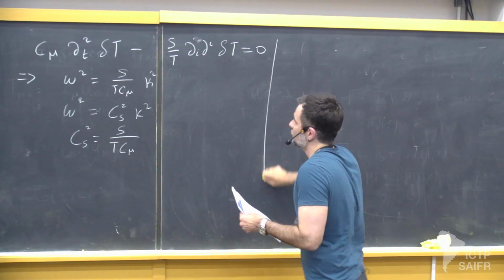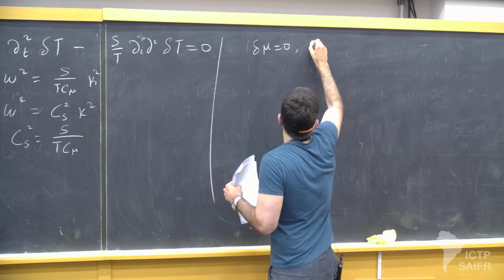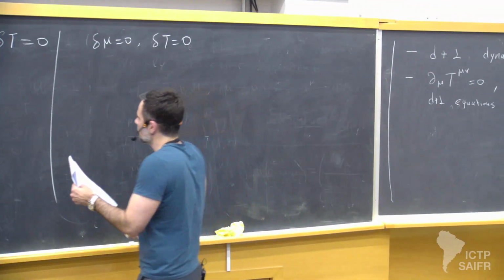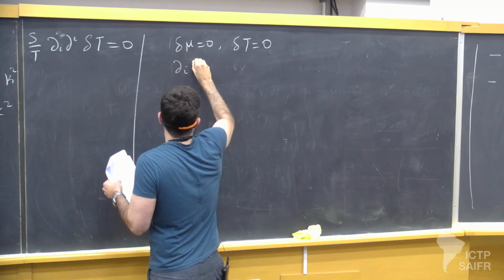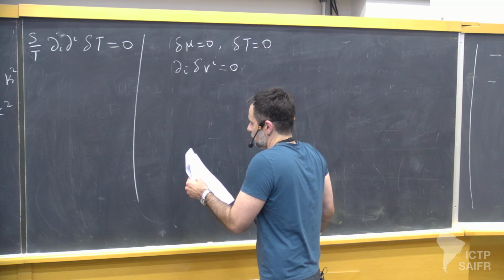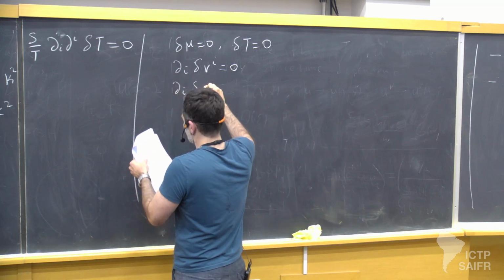So the third class of modes have delta mu equals 0 and delta T equals 0. And they also have a divergence-free fluid velocity. And moreover, I will get that the fluid velocity is independent of time.